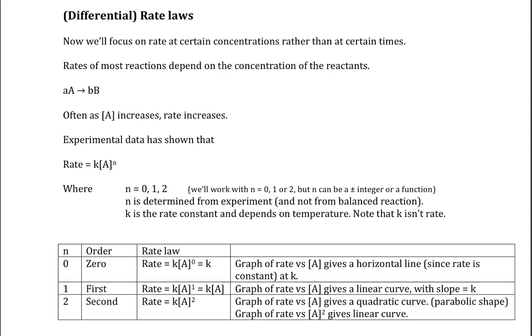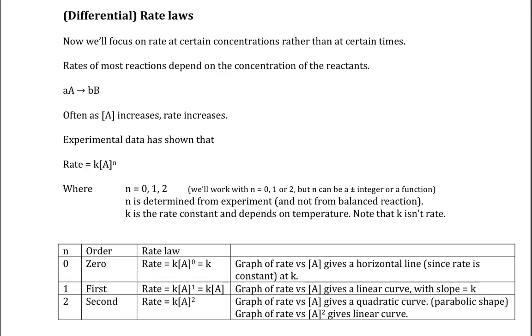k is what we call the rate constant. It depends upon temperature. So the rate of the reaction is temperature dependent, and that shows up in k, the rate constant. k is not rate, it is the rate constant. The rate is k multiplied by A to the n.